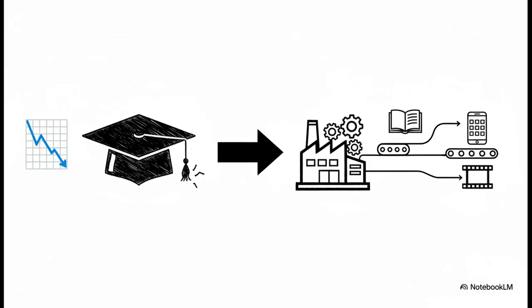Let's see how this builds into the final output. The architecture successfully pivots the creator far away from the old methodology, which was seeking traditional employment with an outdated degree. Instead, this new methodology funnels the automated system's output into 3 distinct passive income streams: ebooks, Android apps, and YouTube videos. The system itself is literally the factory producing these digital assets.